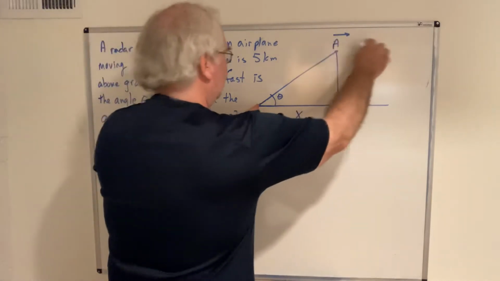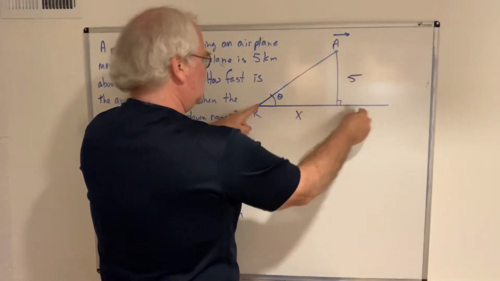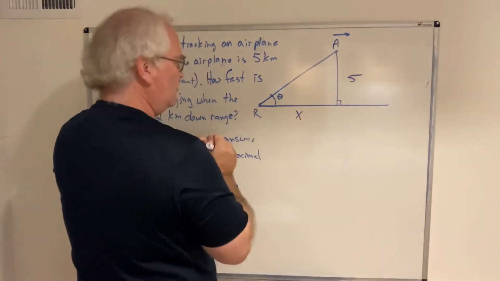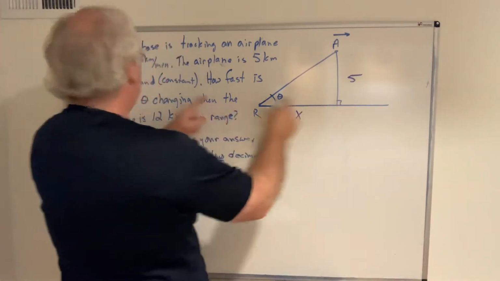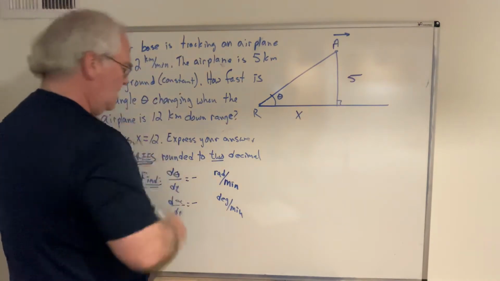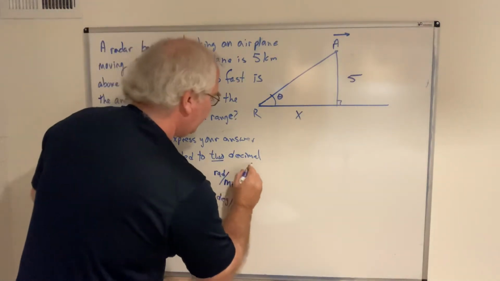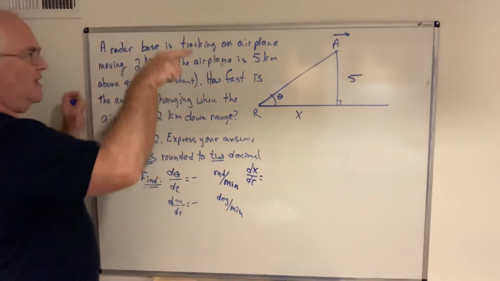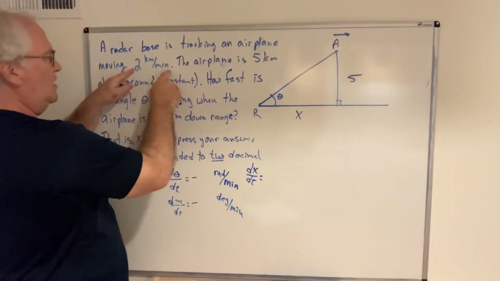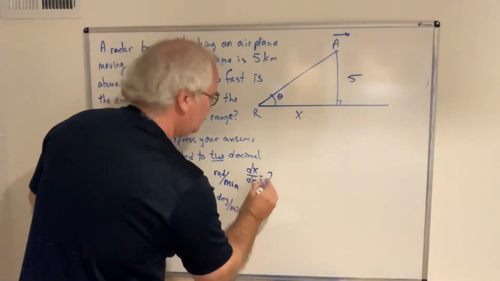This airplane is moving in this direction. So this distance is moving at 2 kilometers per minute. So that would be dx dt, how fast x is changing, 2 kilometers per minute. So we're given that dx dt. And is it getting larger? Yes, the airplane is moving in that direction. So it's getting longer at 2 kilometers per minute, right?